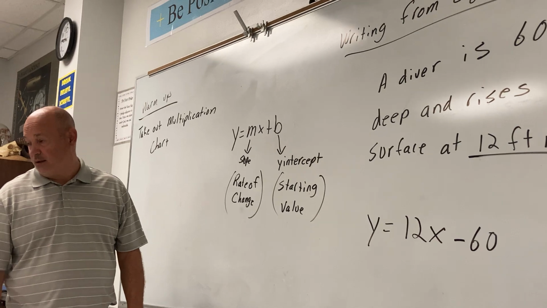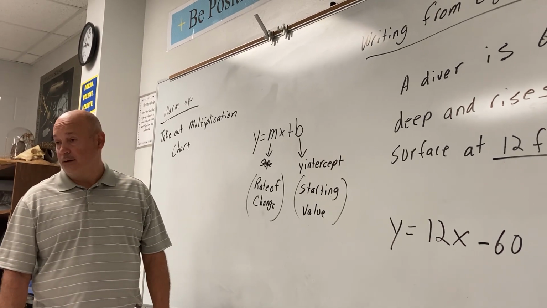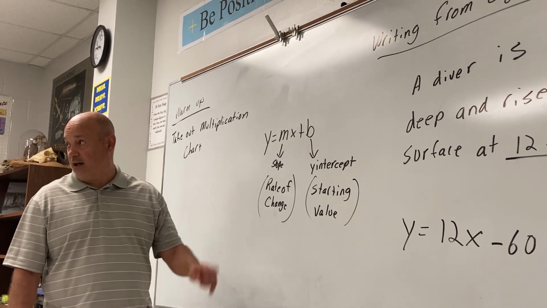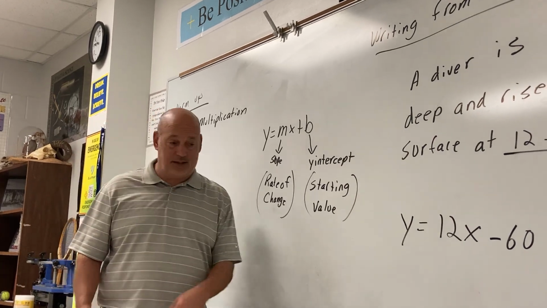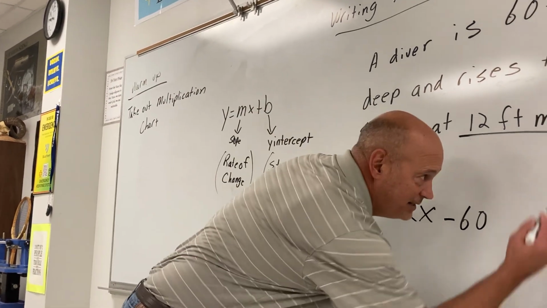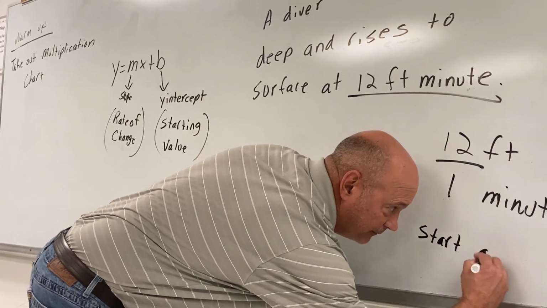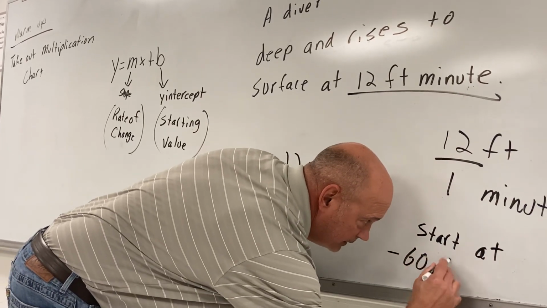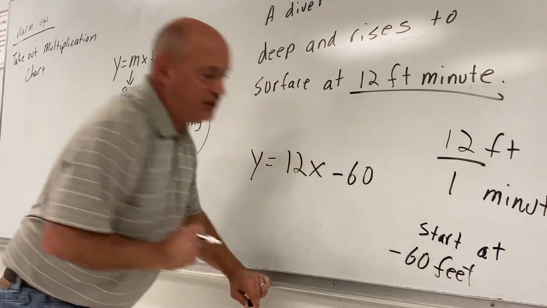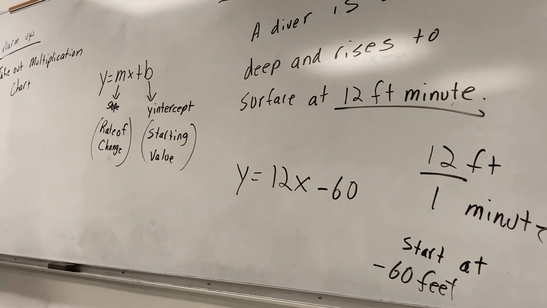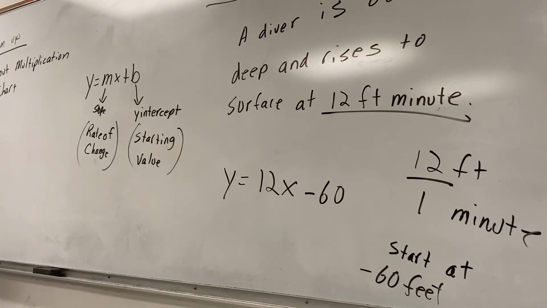We started at negative 60 feet, and we are rising 12 feet a minute. A lot of kids will miss that problem because the 60 is positive.